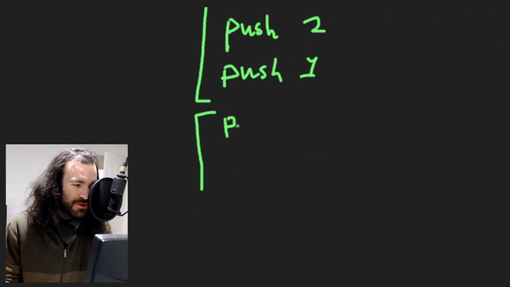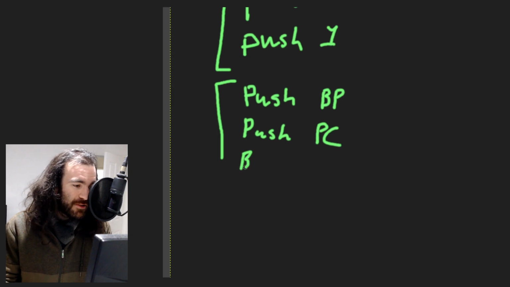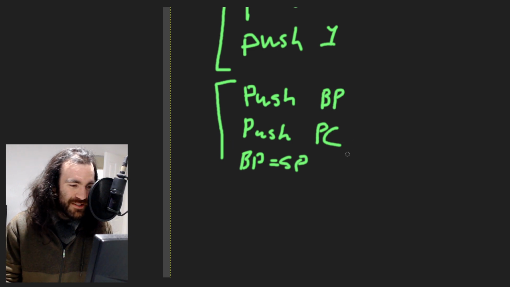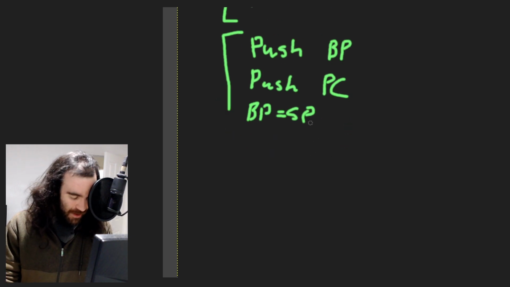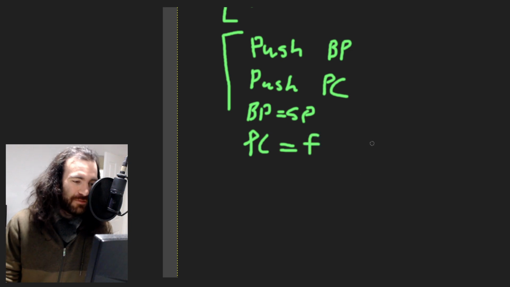We push the current base pointer, we push the current program counter, then we set the base pointer to be equal to the current stack pointer. In other words, what the stack points to at this point. And then we set the PC to the address of our function f.